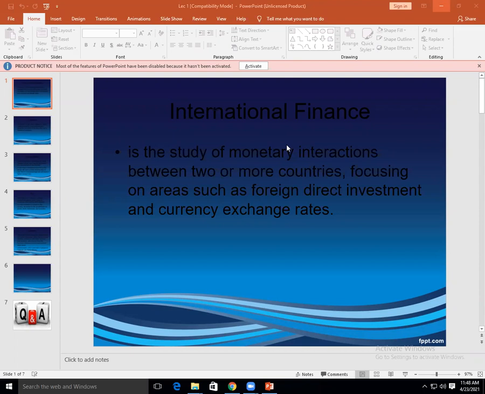On the other hand, if the people in the USA want anything to be imported to their country from Pakistan, they need to get Pakistani rupees and give dollars. So the currency exchange occurs. The rates of the currency exchange vary. Just like right now in Pakistan, we have $1 equal to almost 155, 156 rupees. Same is with other countries.